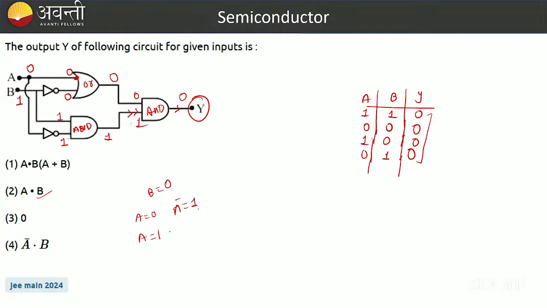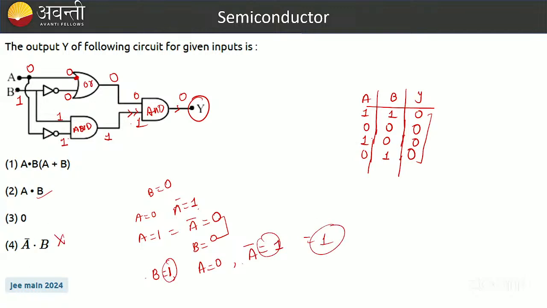If A is 1, A bar gives you 0, and B, let's say B is 0, so 0. For this value, it can change. And if you take B as 1 and A as 0, A bar gives you 1. So A bar dot B, 1 and 1 gives you 1, but here we are not getting any 1. So this also is not correct.